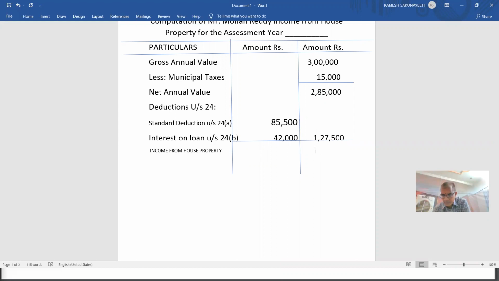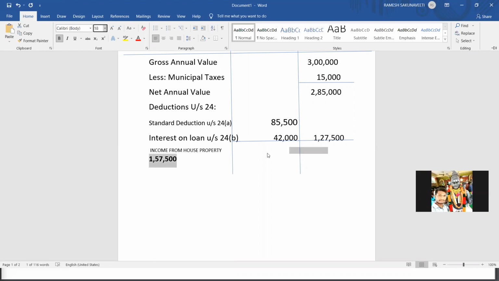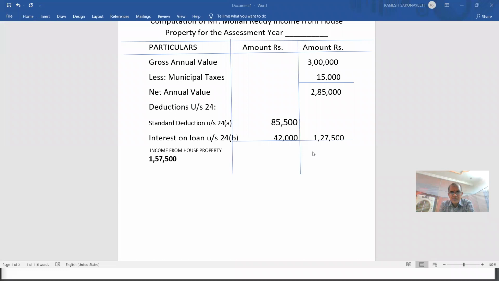You cross check. It will be 1,57,500. If you deduct 1,27,500 from 2,85,000, it will be 1,57,500. You deduct it properly. Yes, sir, 1,57,500. So this is income from house property.